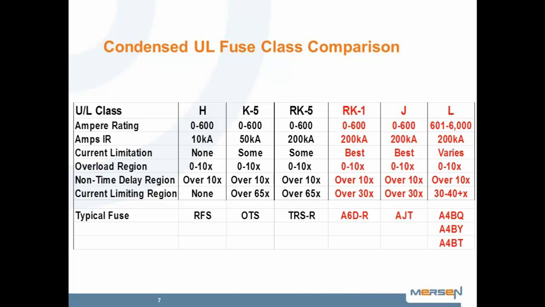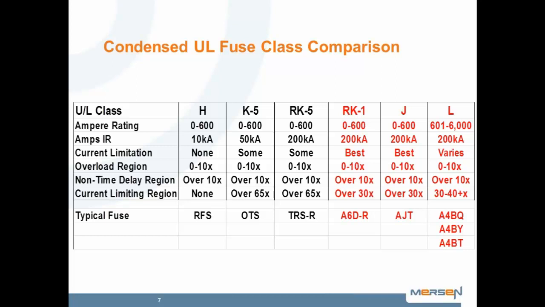Going forward in time, the K5 fuse has a 50,000 amps interrupting rating, and the current limiting region is defined by UL. It has to cut in at 65 times the amp rating.